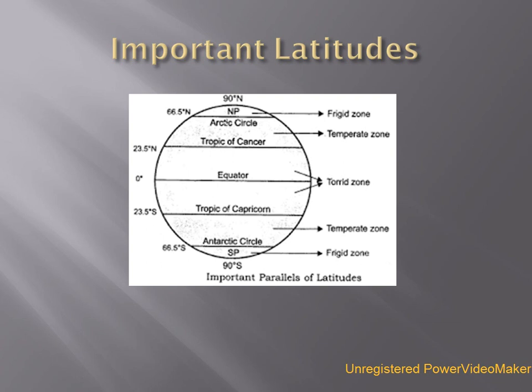We also have two frigid zones. The frigid zone lies at 66.5 degree north to 90 degree north, and in south it lies from 66.5 degree south to 90 degree in the south. These lines of latitudes are important latitudes.